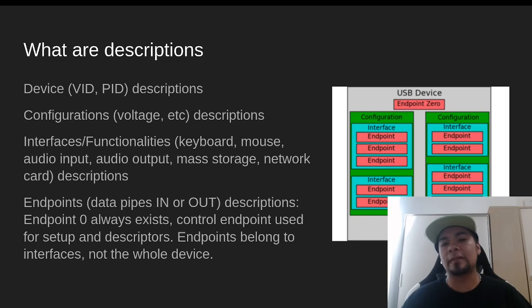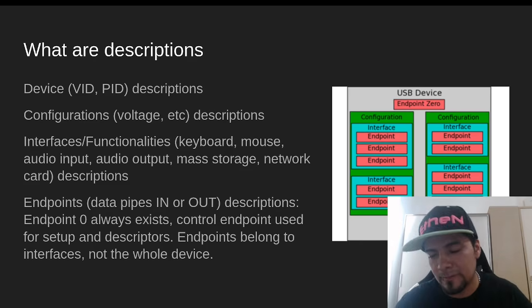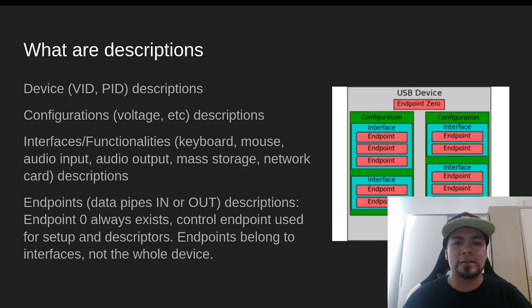For example, the functionality is a keyboard, or a mass storage, or a network card, or a camera, audio input, a video input, and there are many, infinite USB devices. So this is the interface, and inside the interface you have endpoints, right?